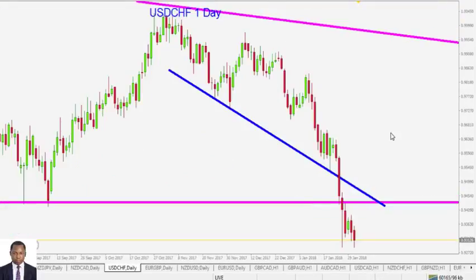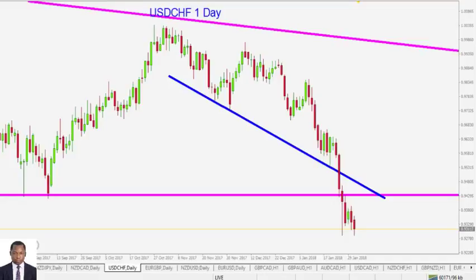The American dollar against the Swiss franc. As you can see, price is trading just below the monthly level of support. If you don't see price trading above or below long-term levels of support and resistance, you really do not need to bother yourself zooming into those time frames.